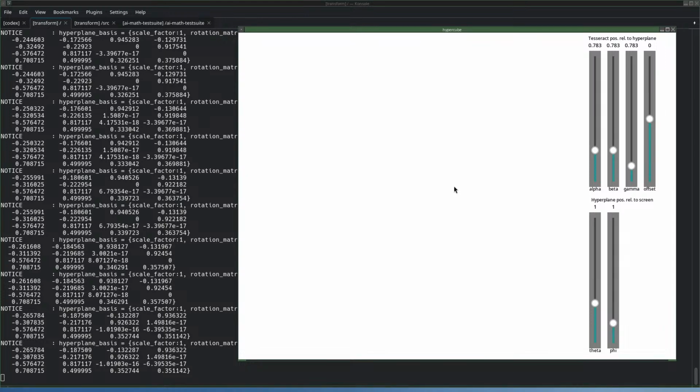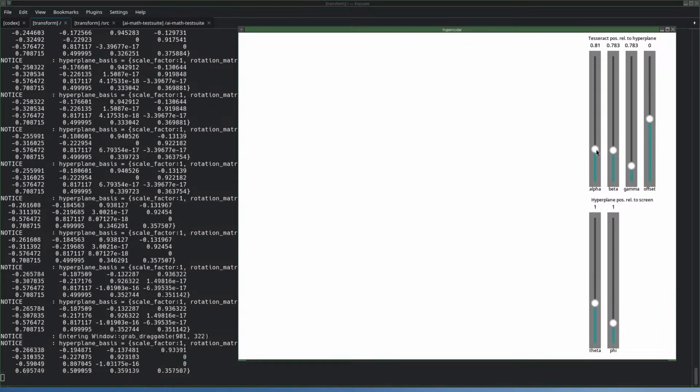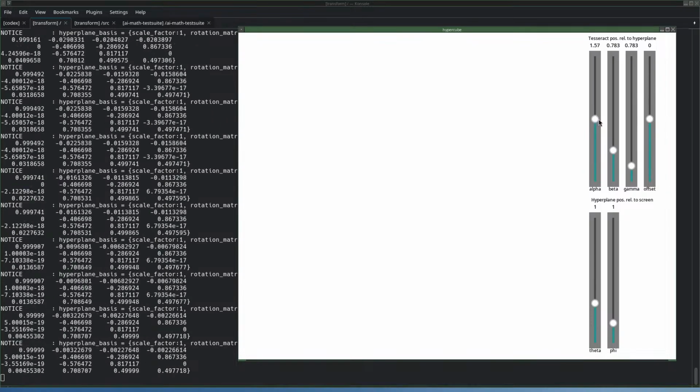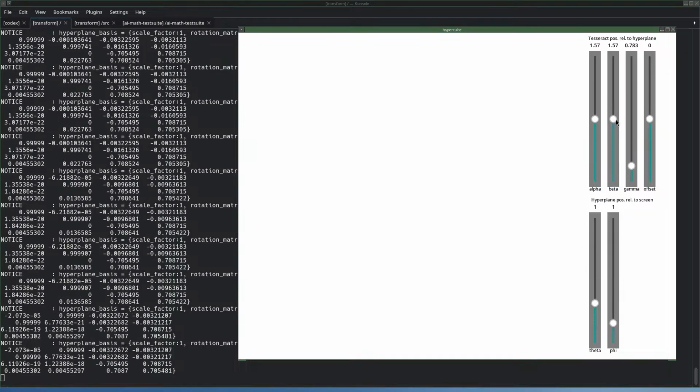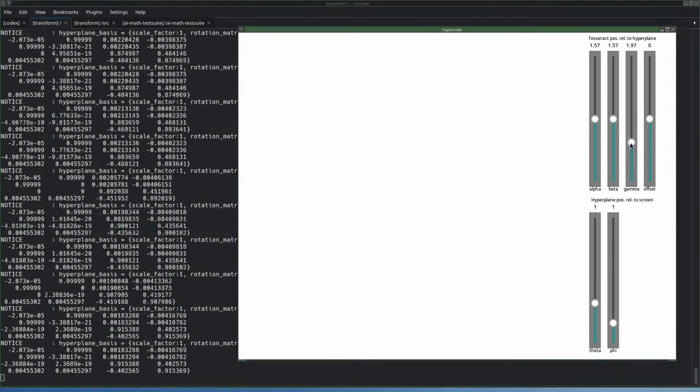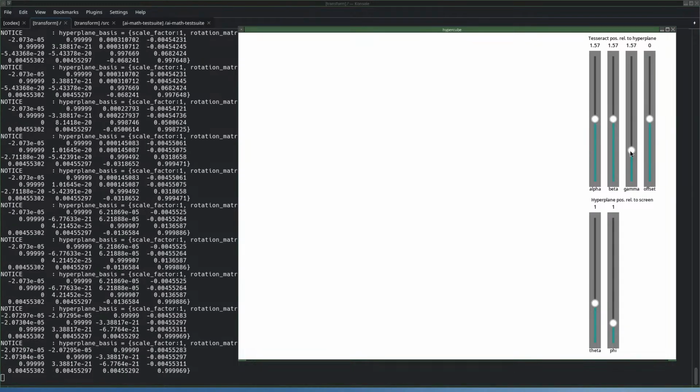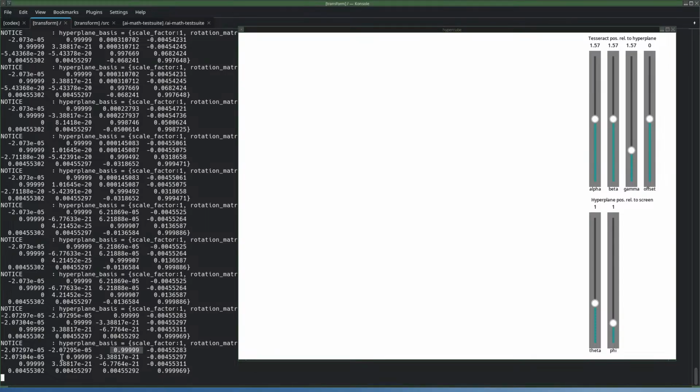So I need 1.57 for all of them. Well, 1, 1, 1. And the 1 here. So it maps z to x and y to y, and x to z.